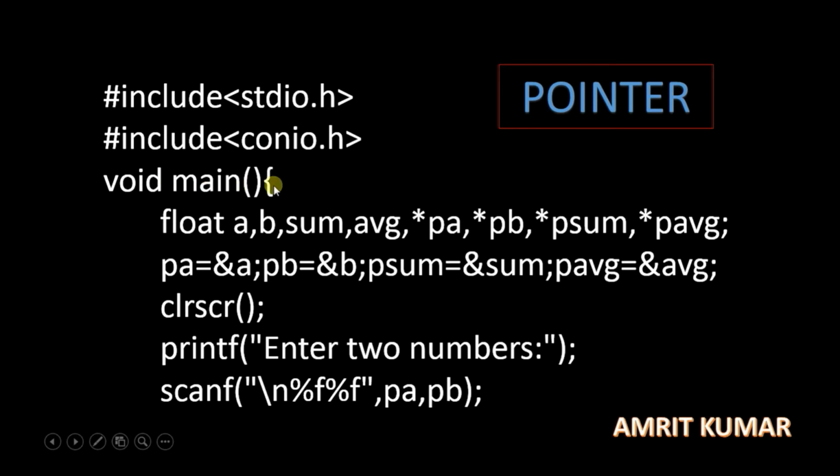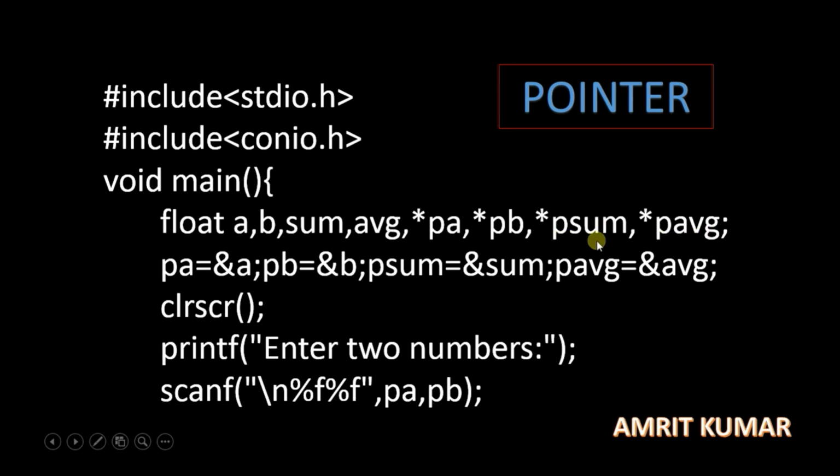Then I open this main function, and in it I declare several variables and pointers. Here a is a variable, b is a variable, sum is a variable, avg is a variable, and *pa, *pb, *psum and *pavg are pointers.